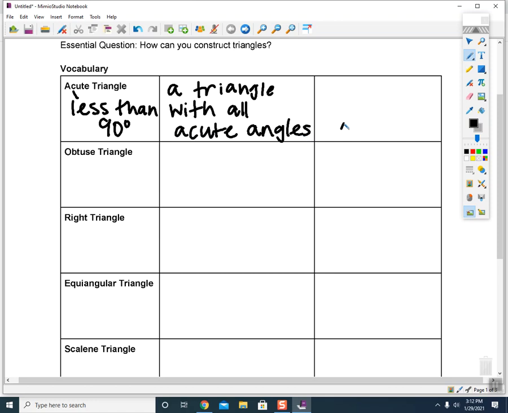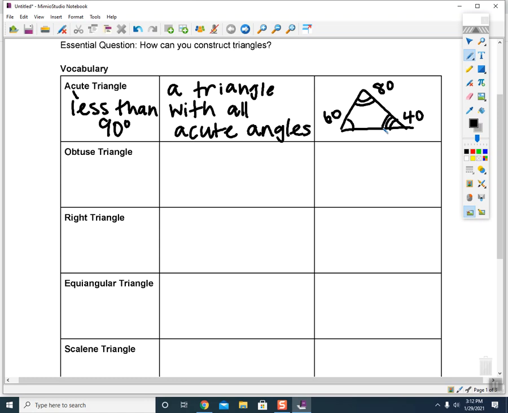So I could have a triangle over here. Say this is an 80-degree angle. We'll call that a 60-degree angle, and we'll say this is a 40-degree angle. Okay, that would be an acute angle. All of the angles of my triangle are acute.